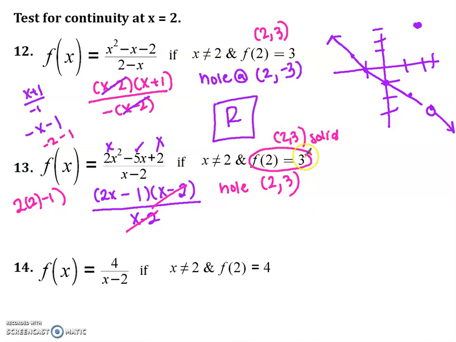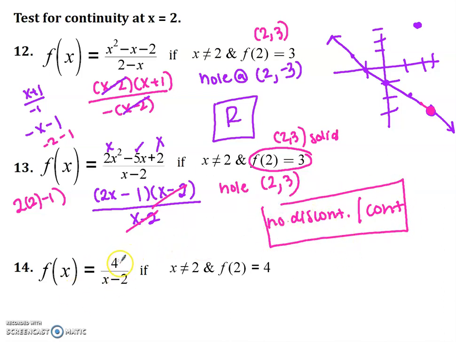So the f of 2 point is always the solid one. Well, since I have a hole at 2, 3, but then I'm going to put a solid point there, it's going to fill in that hole. Like if I came back to this graph, since the hole and the solid point are the same, it would fill it in and it would remove all of the discontinuity. So since these are the same, there's no discontinuity on this one. Okay. So we can just say that it's continuous, whichever you prefer.